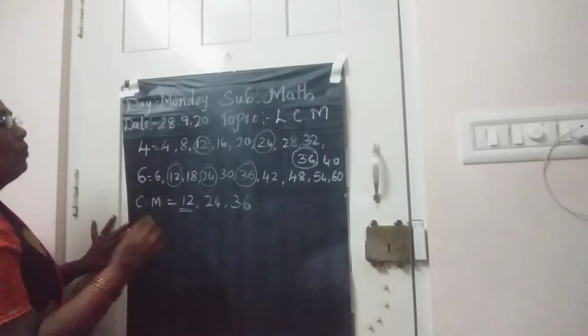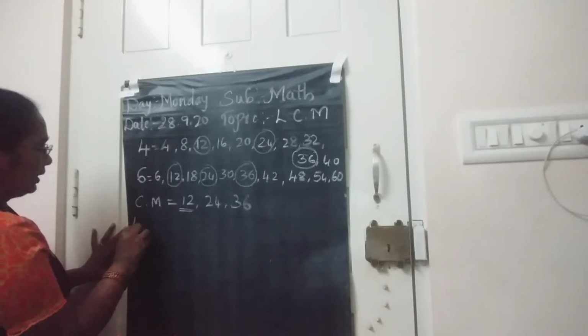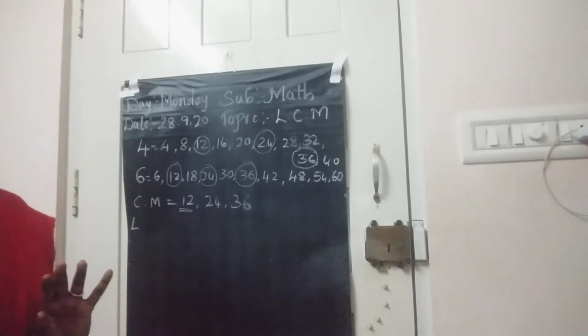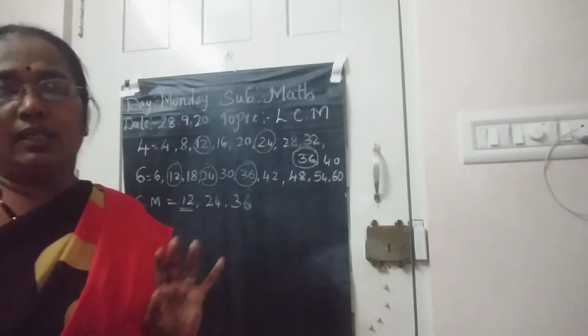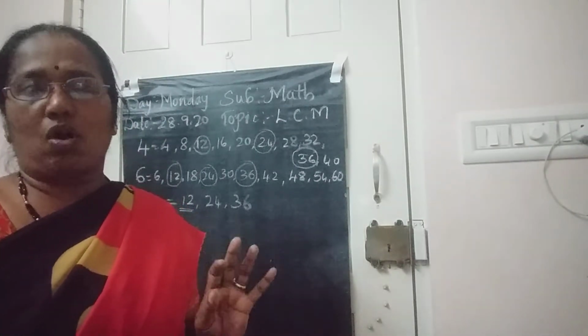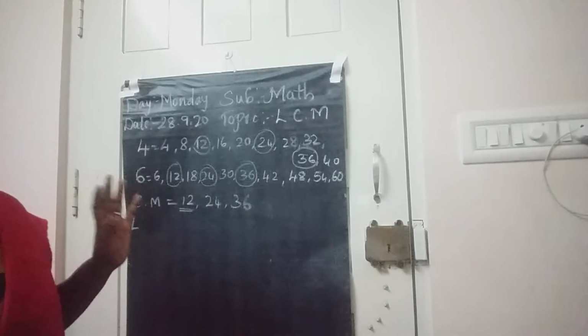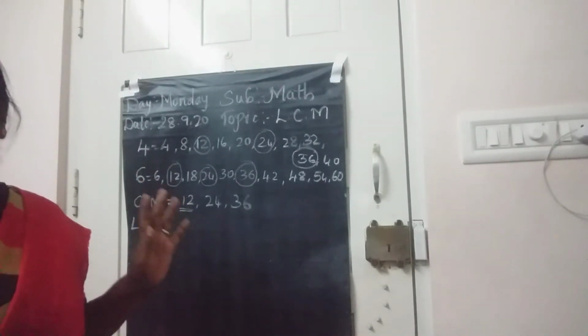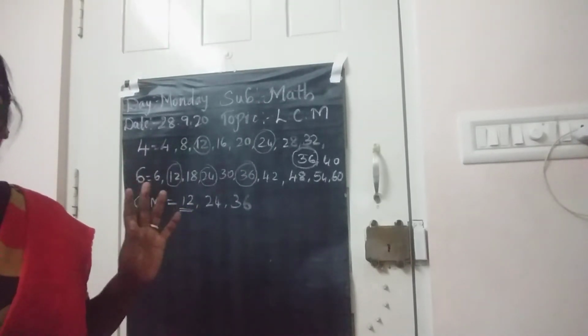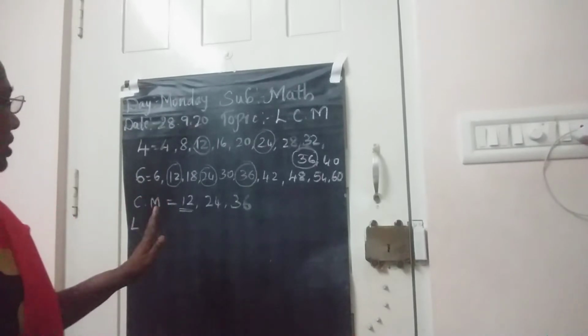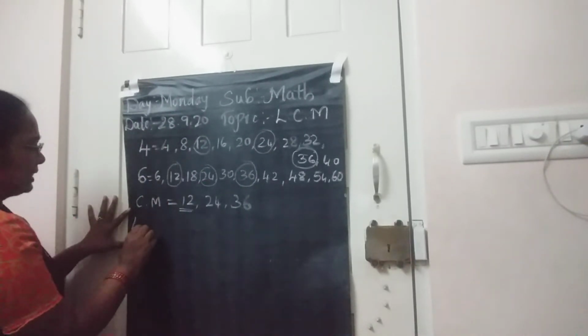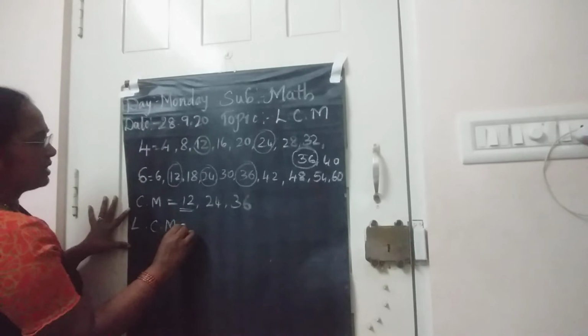So what is our topic today? The least common multiples, or LCM. Which is the least one?